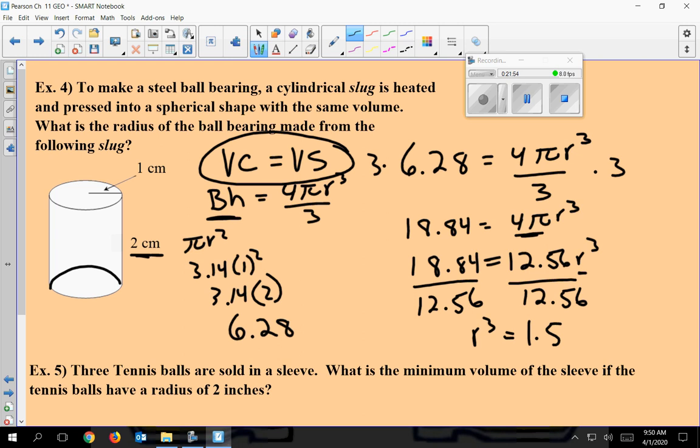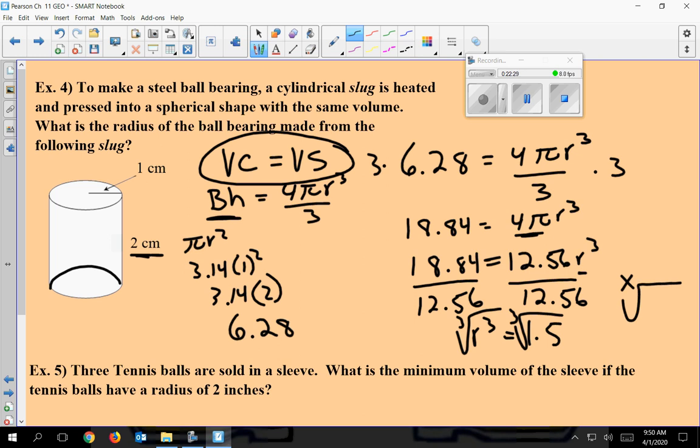So at this point, how do you solve for r? Well, if I want to get r all by itself, I'm going to have to take the cube root, because of that exponent 3, or r to the third power. Remember on your calculators, if you have one like what we have in class, you want to put in the number 3 first, hit the second function button, and then hit the button that's got the x as the root, and put in 1.5.